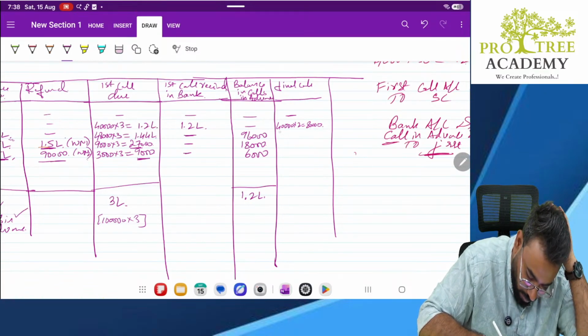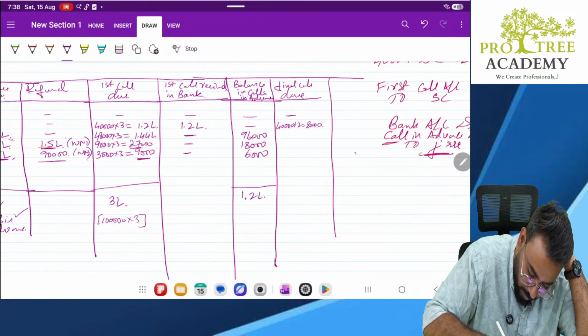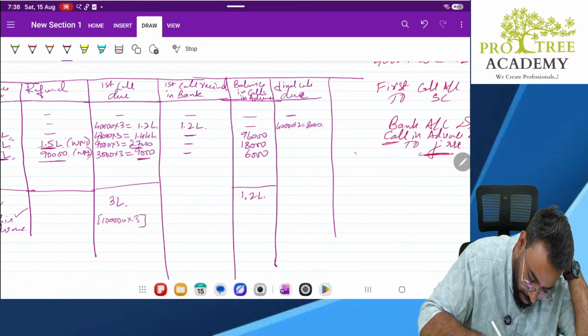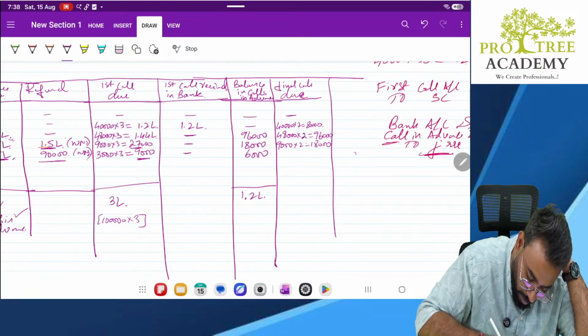Here 48,000 into 2, 96,000. Here 9,000 into 2, 18,000. Here 6,000. Sorry, not 6,000. 3,000 into 2, 6,000.